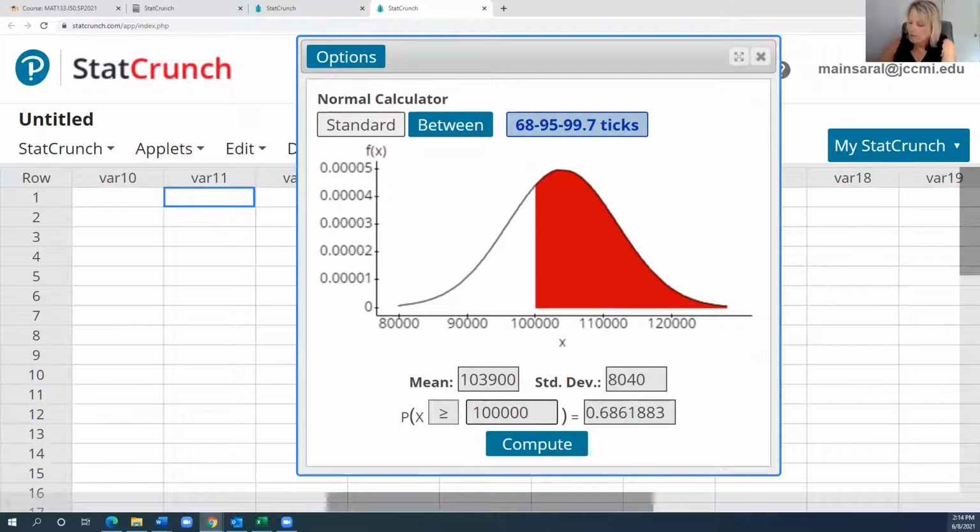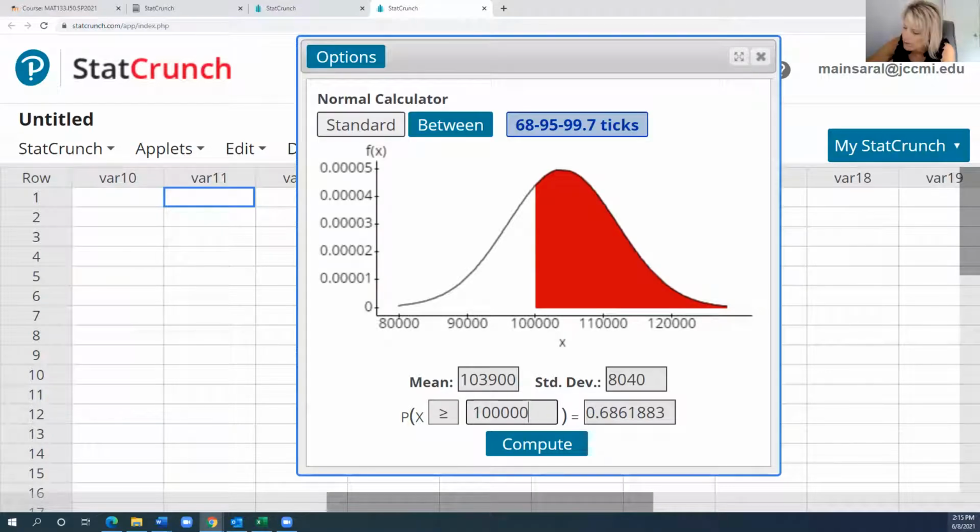And it says interpret. So approximately 68.62% of RN jobs, of the year.